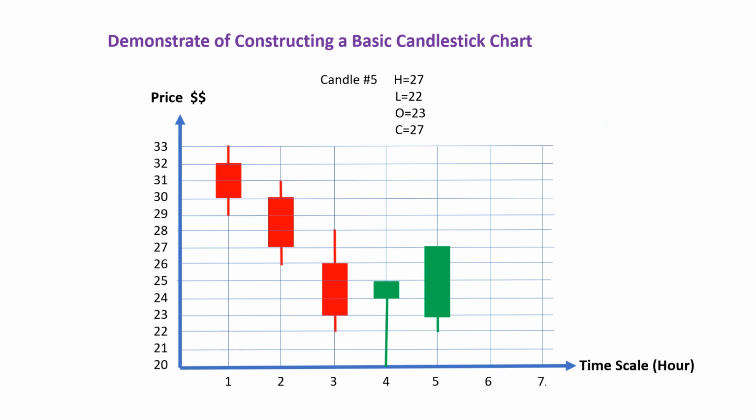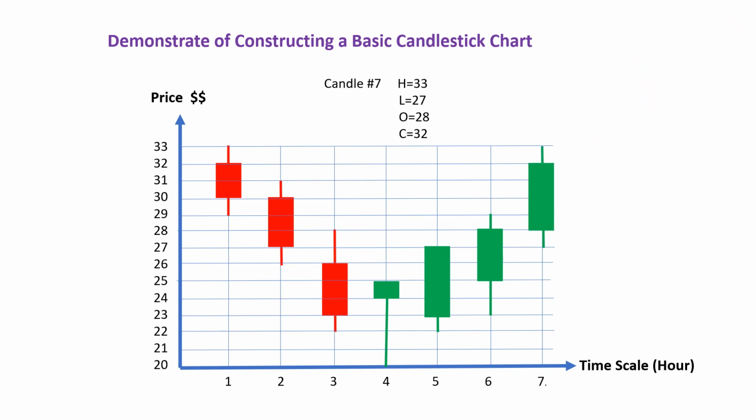And candle number 5, candle number 6, and this is the information for the last candle, and that is candle number 7. So this is how you construct a candlestick chart on this graph.